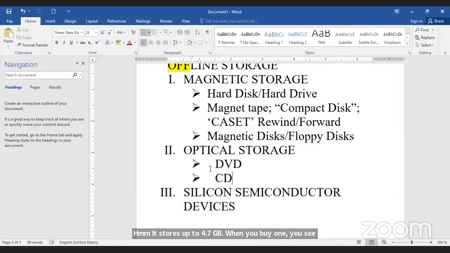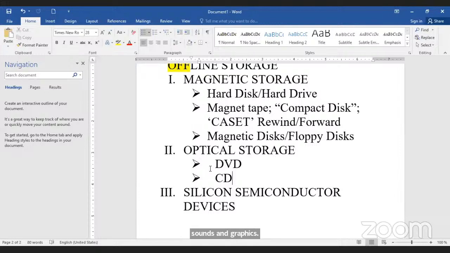Although we have some new technologies that can make a DVD store up to 17 GB. So they are used to store very large multimedia presentations like movies that combine high quality sound and graphics.